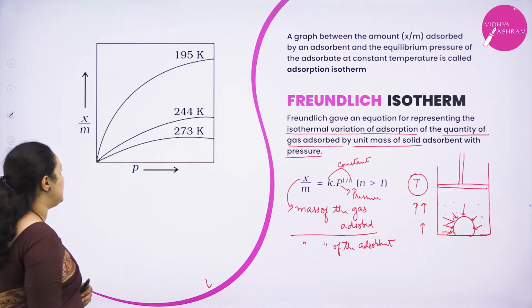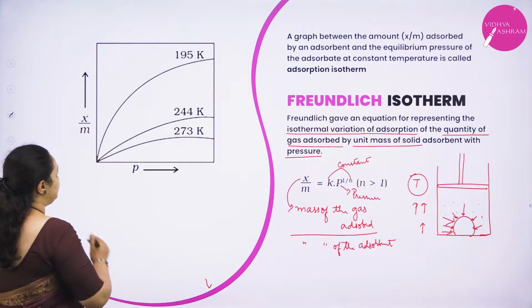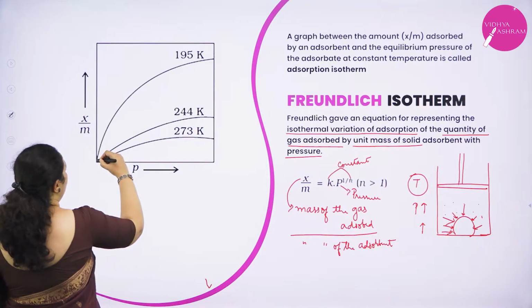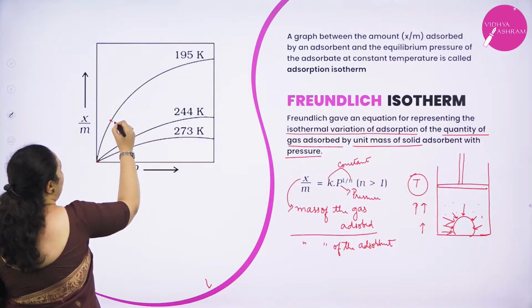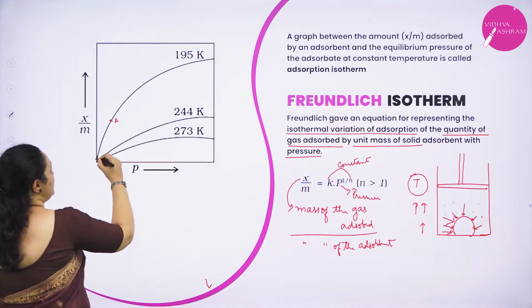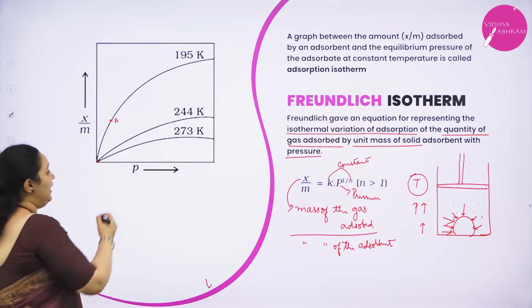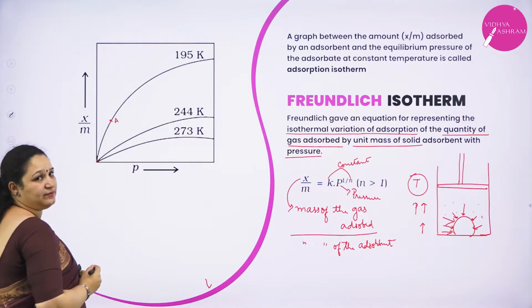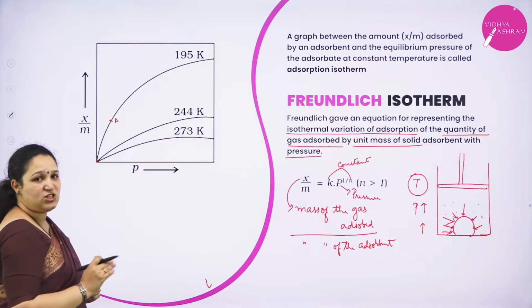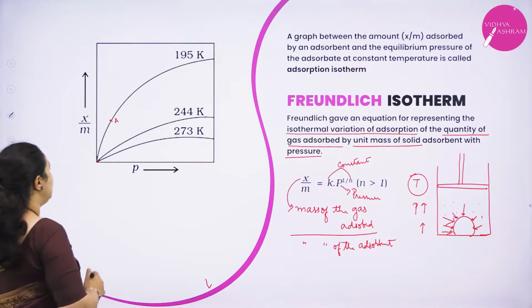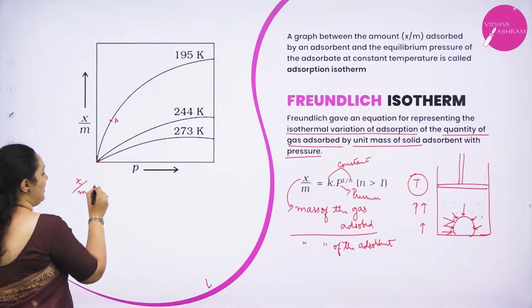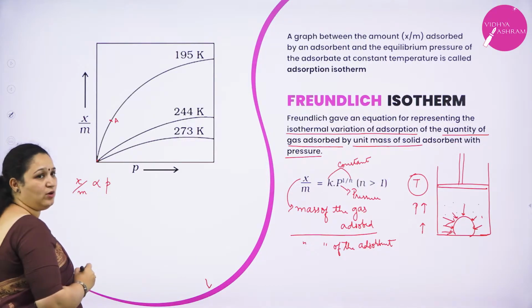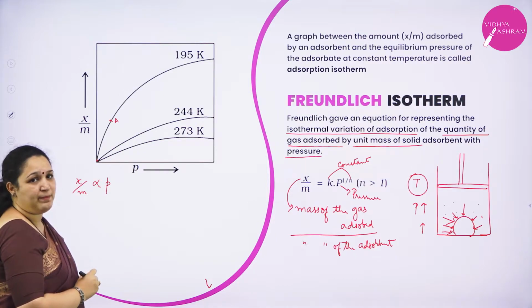First, we shall take from here up to this portion, and I will put it as A. You just observe this line. It is almost a straight line. From this we understand that extent of adsorption, that is x by m, is directly proportional to P, that is pressure.